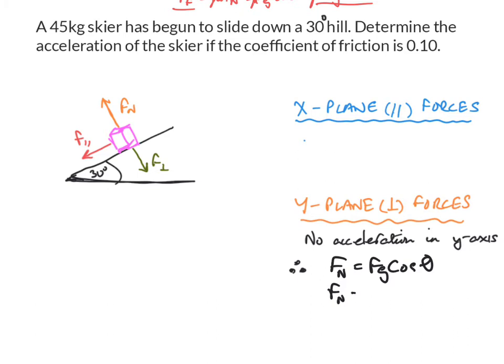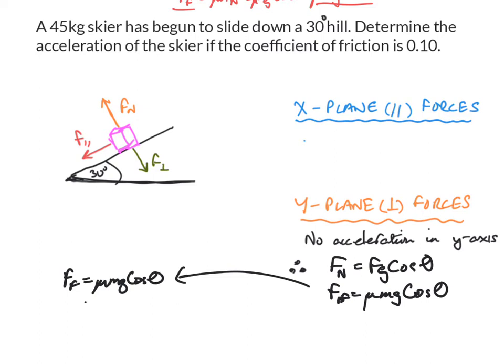And so Fn is equal to mg cos theta. And from that, we would be able to get Ff. So we could use that to get our Ff value, which is Ff equals mu mg cos theta. And when we do that, we see that the Ff value is 0.1 times whatever our Fn value is here.